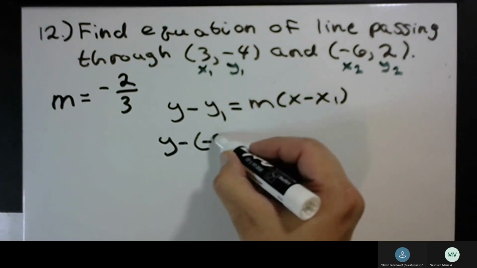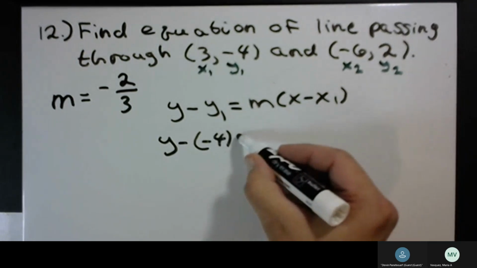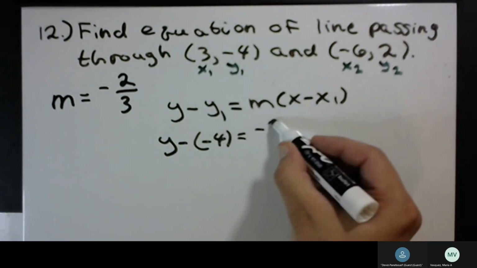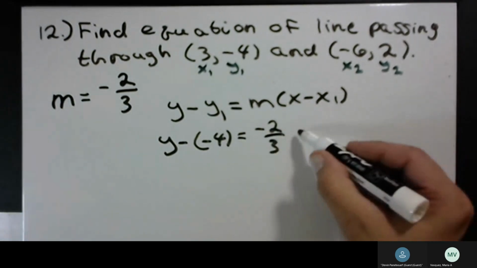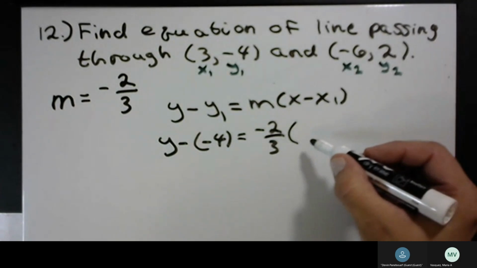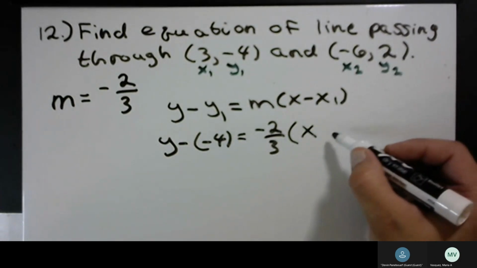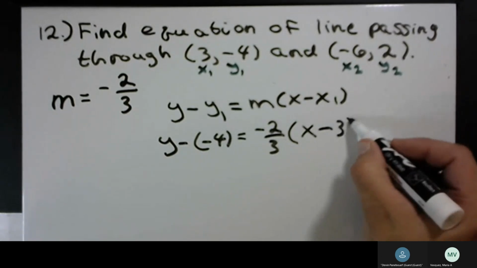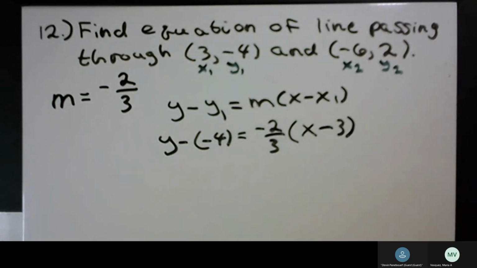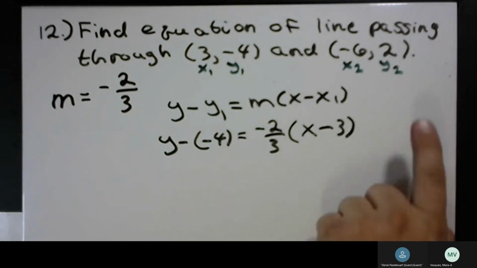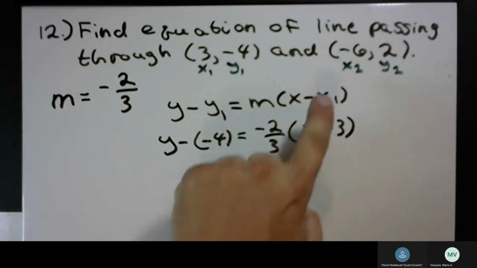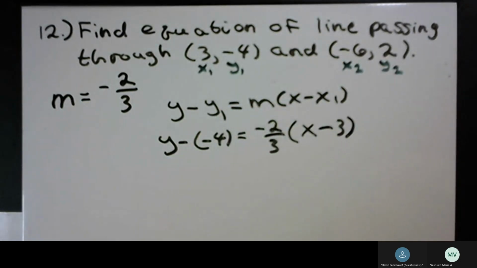So y1 is -4. The slope that we found was -2/3. So this one you have to do two things. You got to come up with a slope, and then you got to use the point slope formula. Then x1 is 3. Now, if we wanted to, we could have used y2 and x2. We could have done that. But I'm just going to go with x1, y1 because it's there.